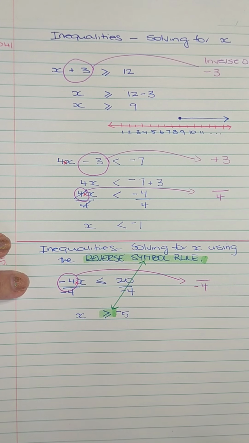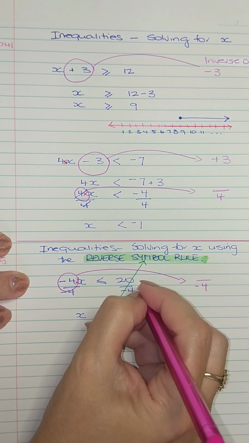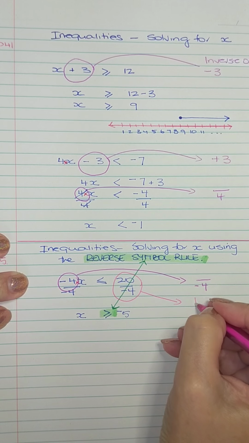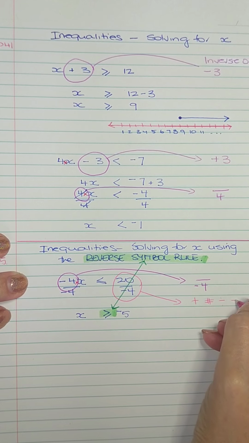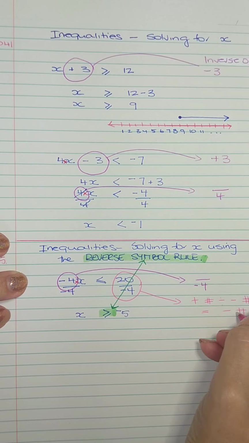If you're not very sure of your negative positive rules, it might be a good idea to write yourself a story in another color: a positive number divided by a negative number equals a negative number.